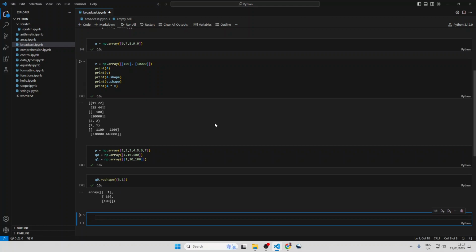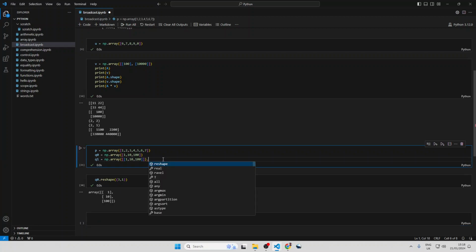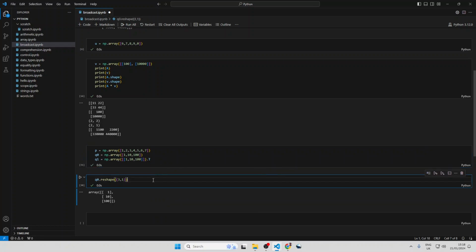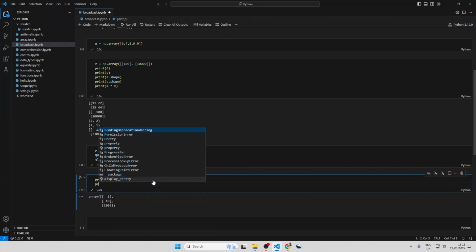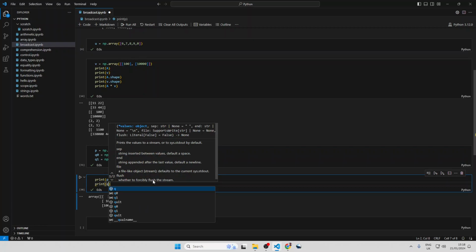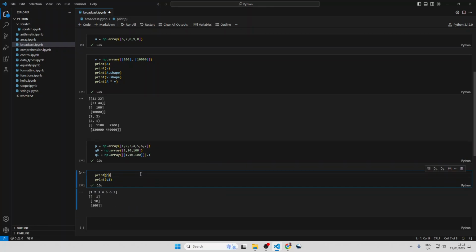Let's change Q1 to be equal to the transpose, like so. Here's our P, a row vector, and here's our Q1, a column vector.